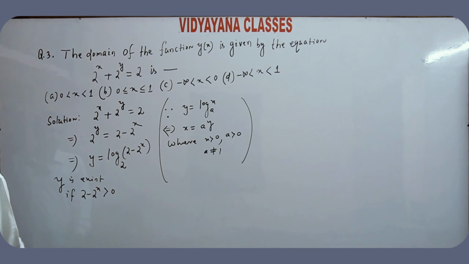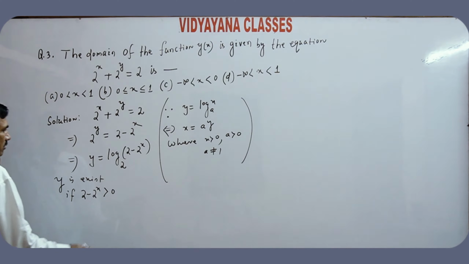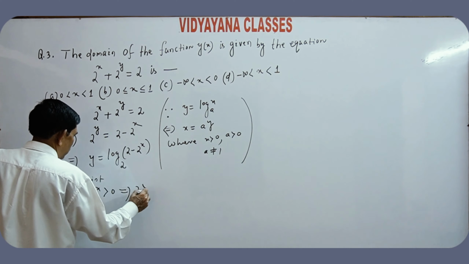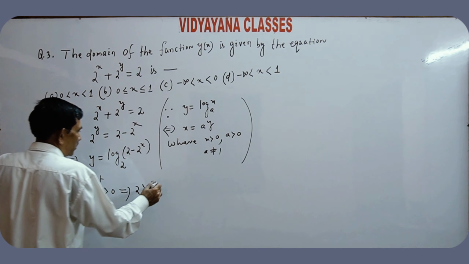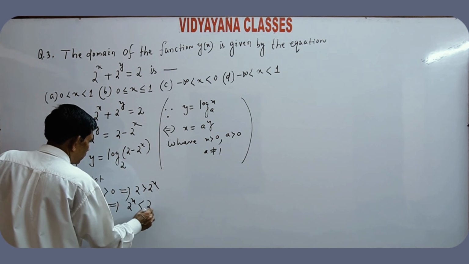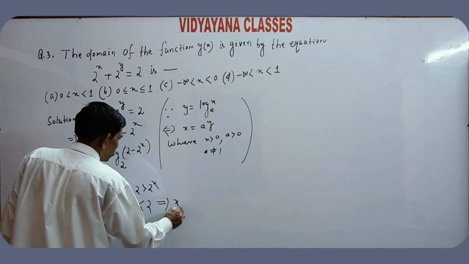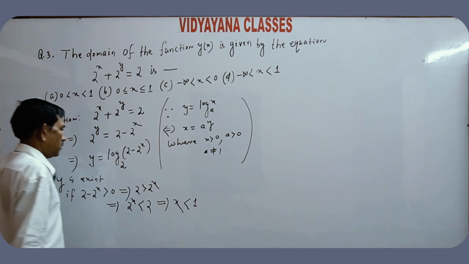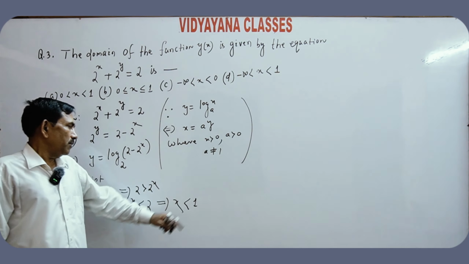y exists if 2 − 2^x > 0, which implies 2 > 2^x, which implies 2^x < 2, which implies x < 1.